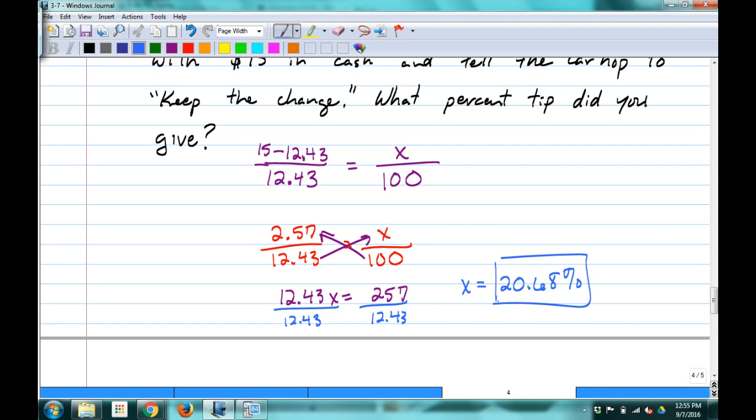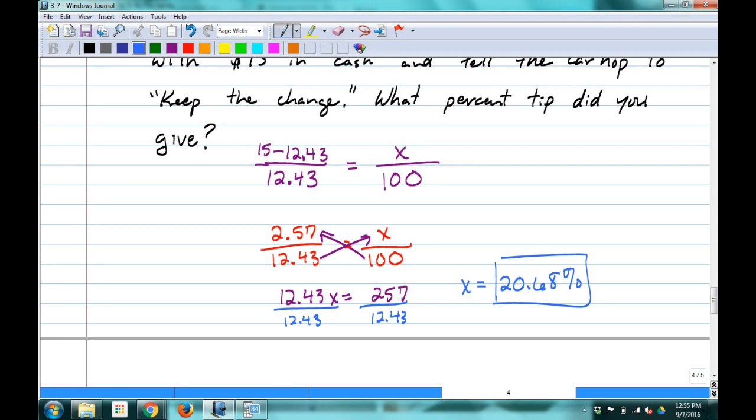That's how much of a tip we left. Almost a 21% tip in the $2.57 that they got. That's generously tipping. It may not seem like much, but for that particular bill, it was quite a bit.